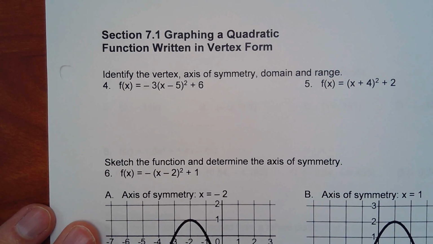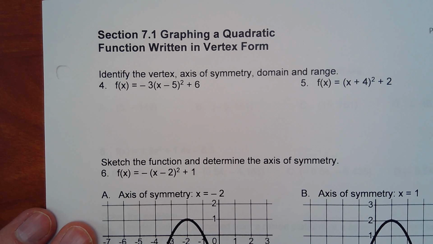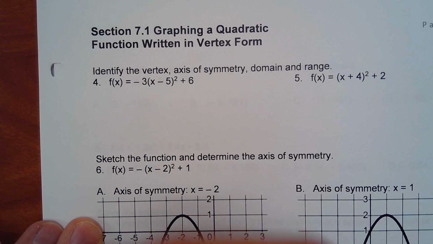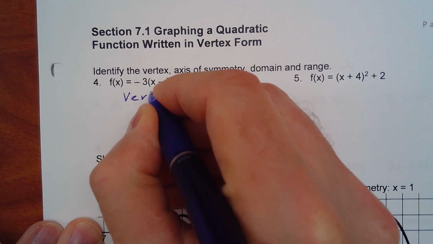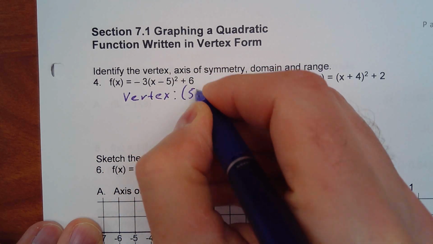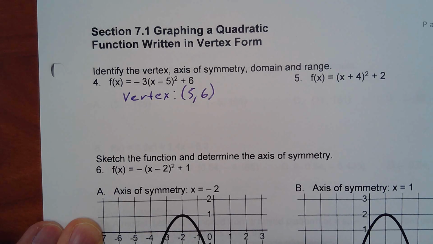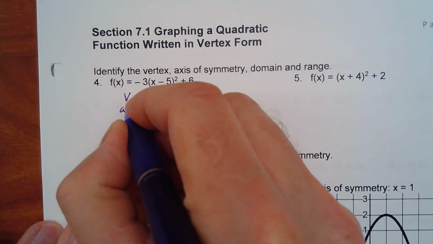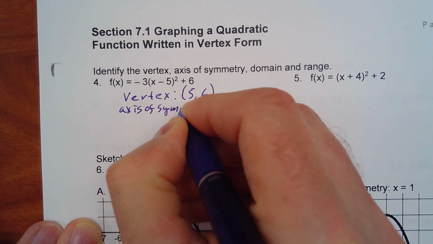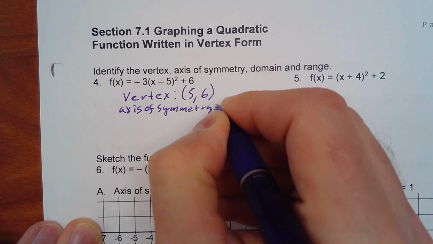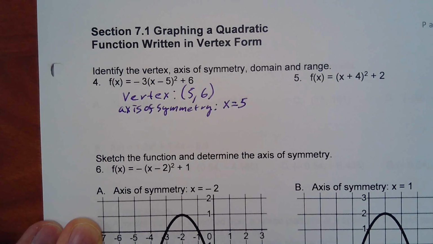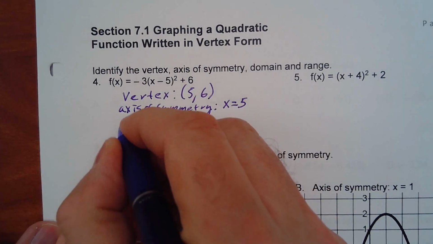So here we want to identify the vertex, the axis of symmetry, the domain, and range. So vertex, h comma k, opposite of here for h, so that's 5, k is 6. Axis of symmetry, x equals h, that's going to be x equals 5. My domain, that's automatic.